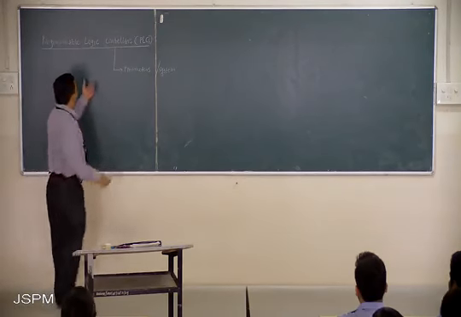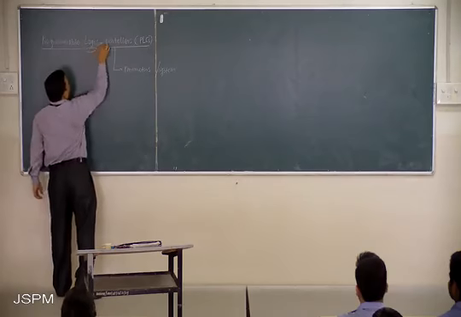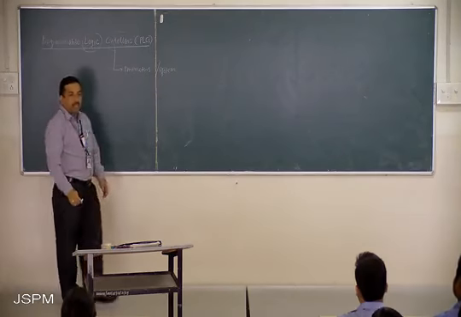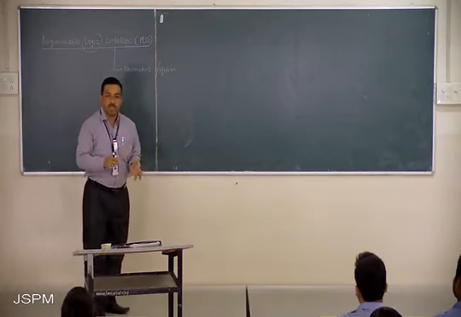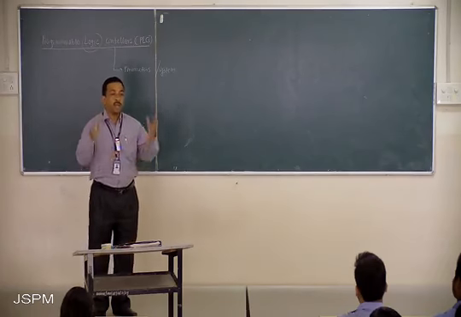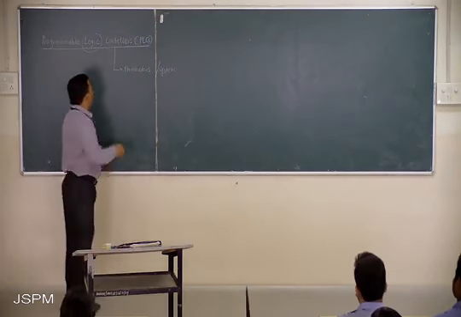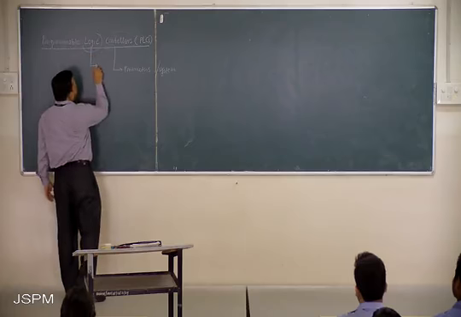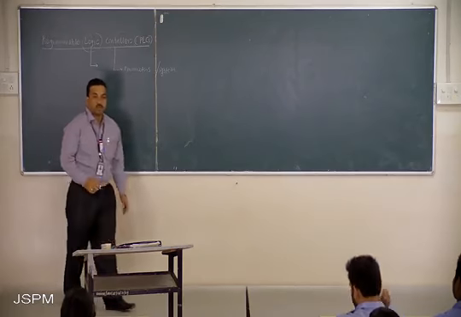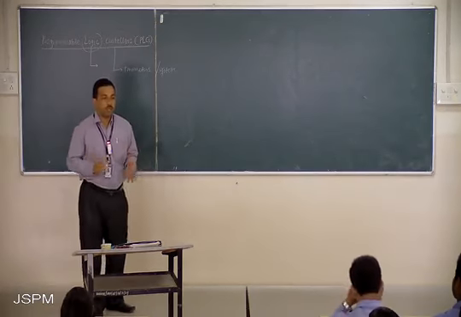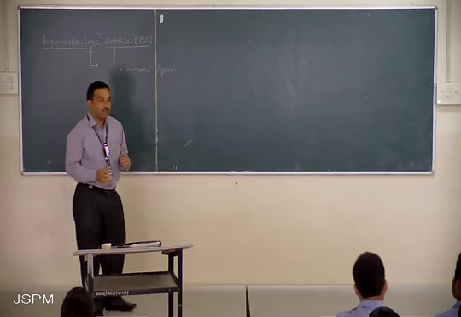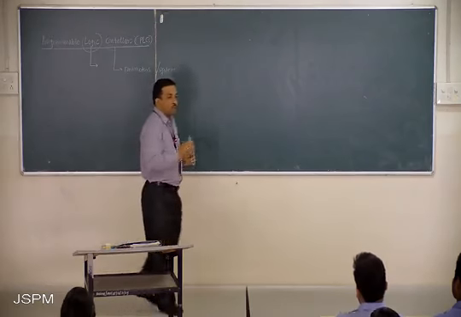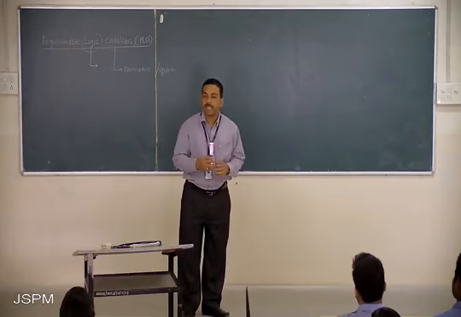Now, why is it called a logical controller? It controls the parameter, but the parameters are controlled with certain logic. For example, we have a controller for the elevator, what we call a lift.